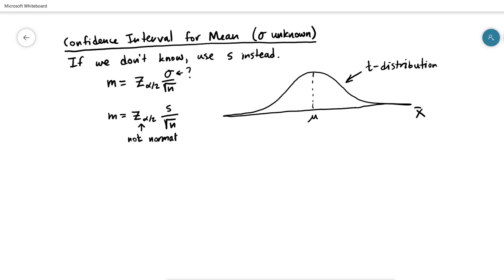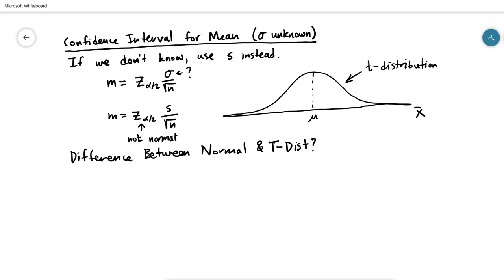So what is the difference between a normal and a t-distribution? The difference is basically this.